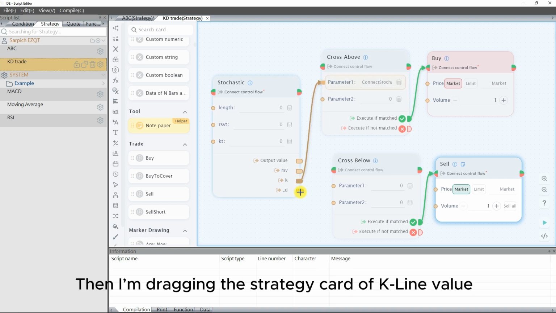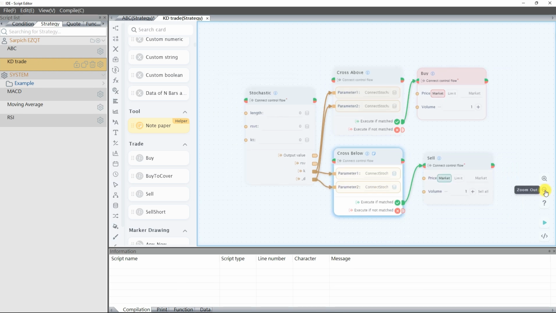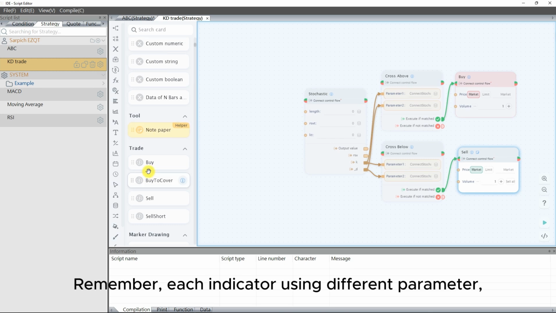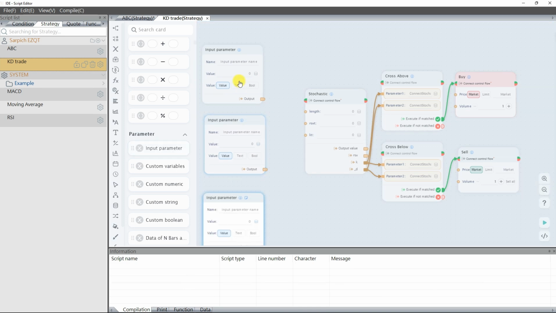Then I'm dragging the strategy cards of K-line value and D-line value into the condition cards. Remember, each indicator uses different parameters. So, we have to input each parameter name and value.